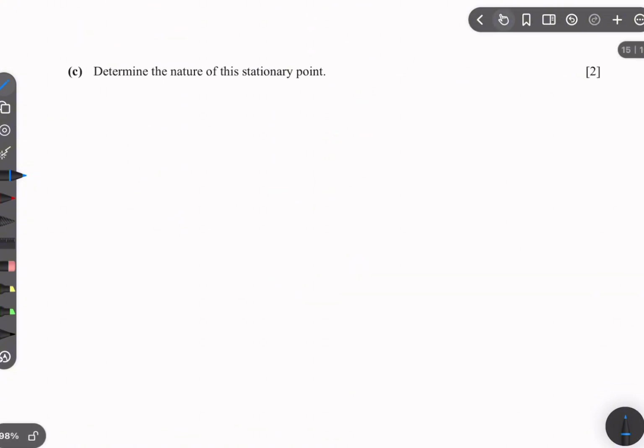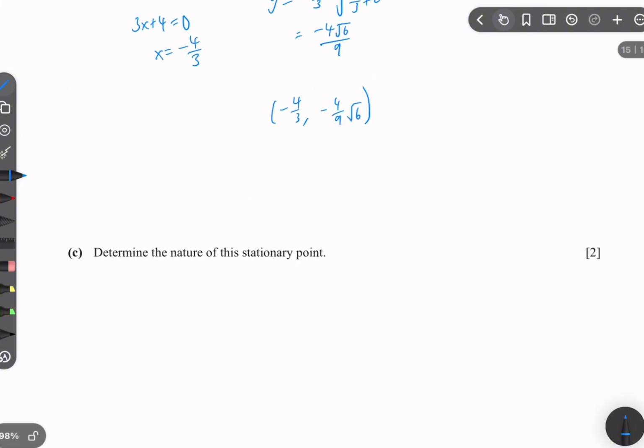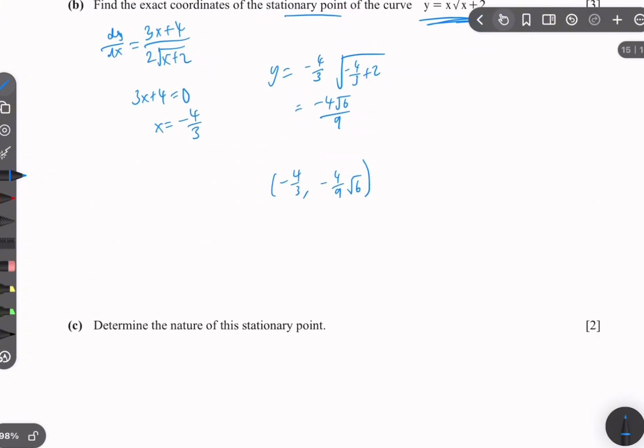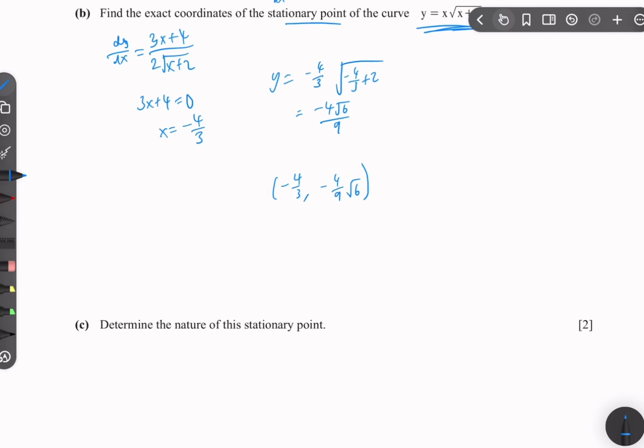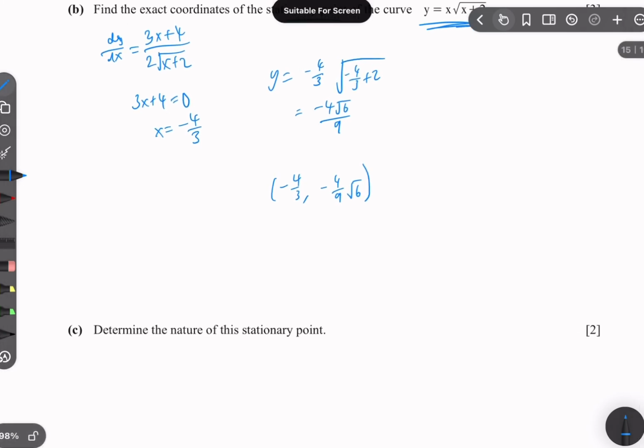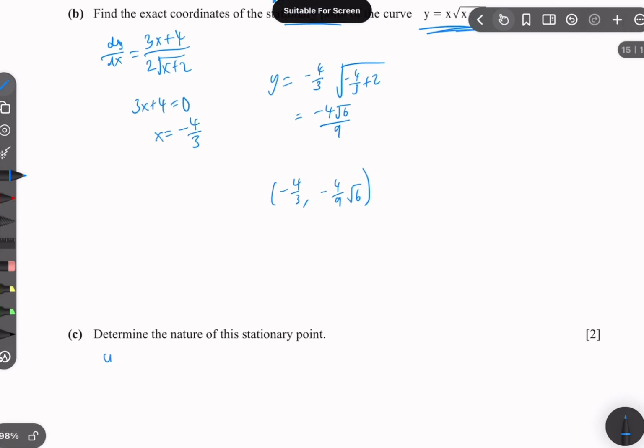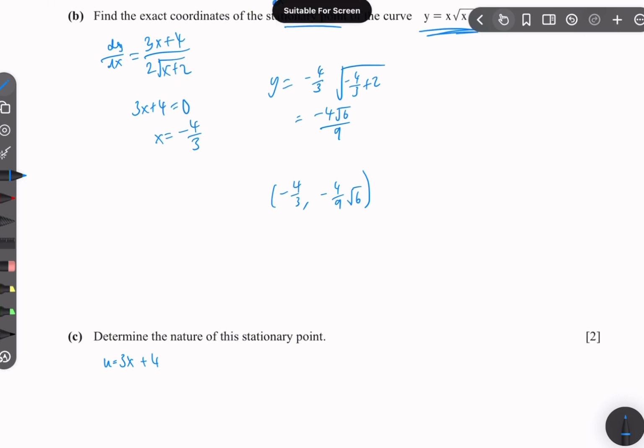Okay, part C. Determine the nature of this stationary point. Okay, we can use the second derivative by differentiating the first derivative. So we can use the quotient rule to differentiate dy/dx.